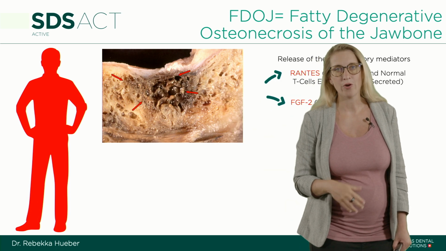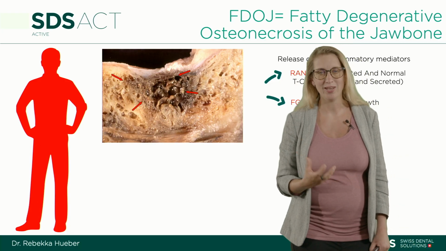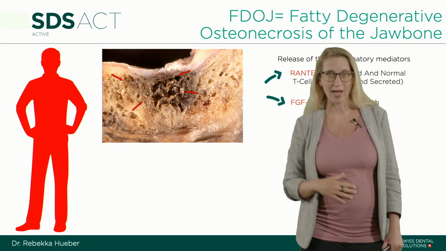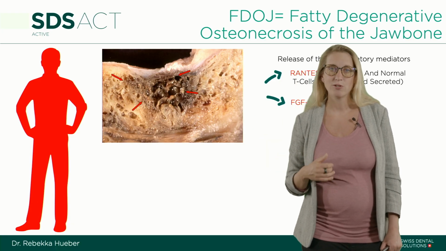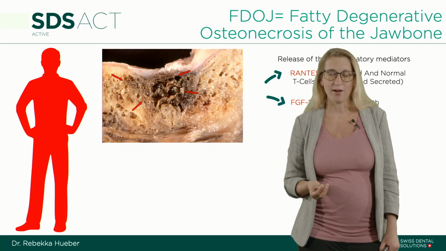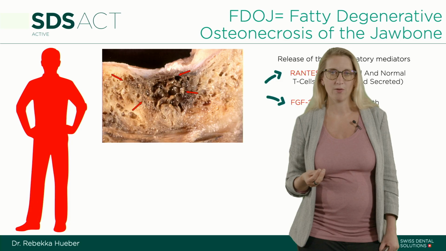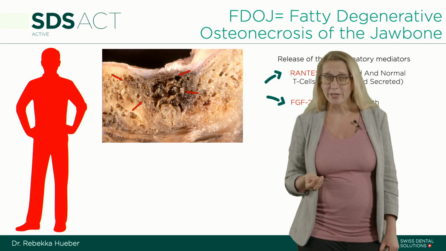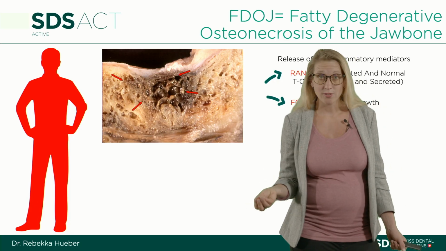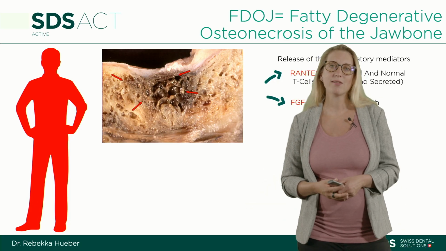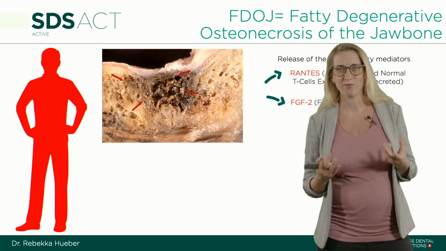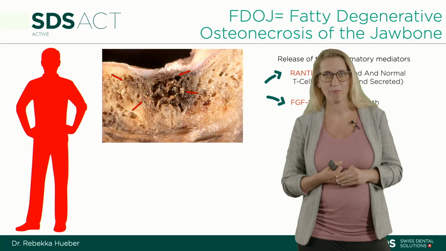And we know from over 10,000 medical studies that higher RANTES levels in the blood are related to diseases like MS, arteriosclerosis, arthritis, also autoimmune diseases, depression, chronic fatigue syndrome, cancer, many diseases, and still the medical field does not know where these higher RANTES levels come from.